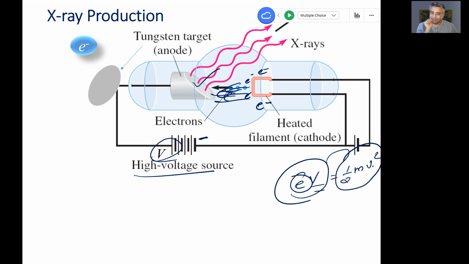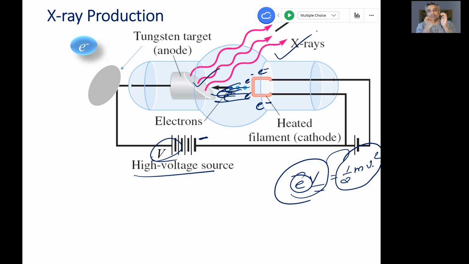But these electrons are moving really fast. When they slow down, what comes out is not just sound or heat, rather there are other waves coming out. Those are the X-rays, okay? Very energetic waves are coming out. Why? Because we are stopping very fast moving electrons, okay?